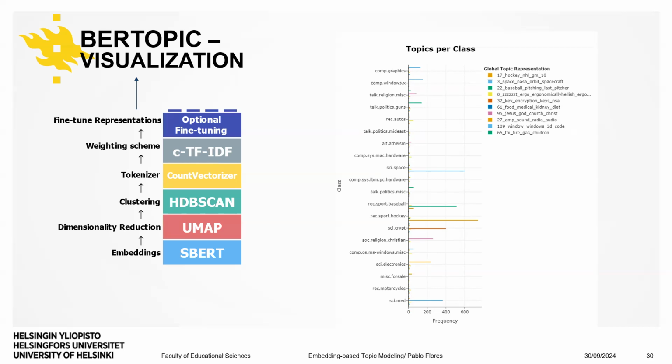For example, the scientific and cryptography group, which is mostly composed of key, encryption, NSA, whatever. Maybe it's only cryptography, I don't remember what the C is related to. Then we have recreation, sports and hockey, which is mostly composed of hockey and some other stuff.